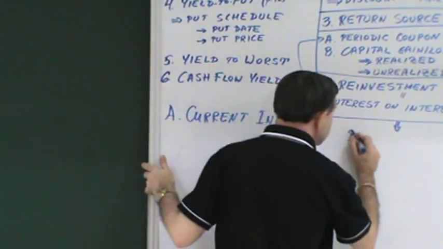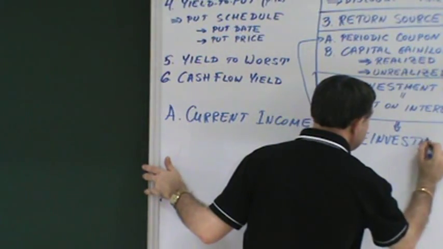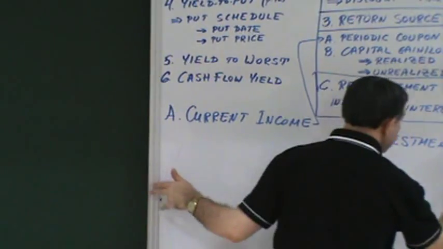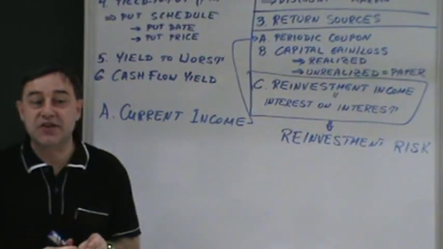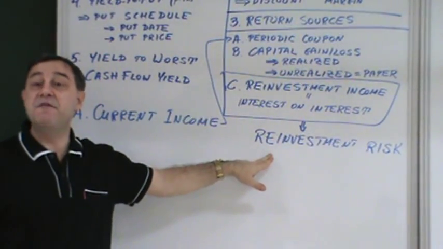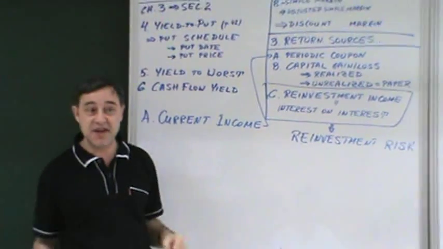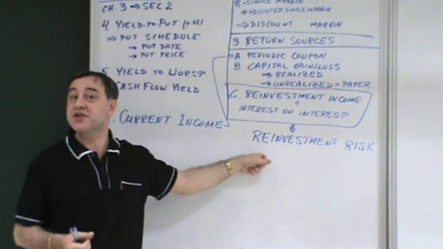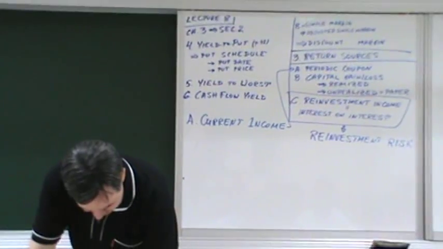So, C gives you reinvestment risk. Turns out that for long-term bonds, reinvestment risk affects the largest part of the cash flow, 70–80%, and therefore is the largest type of risk. And let's see what else we have, okay?